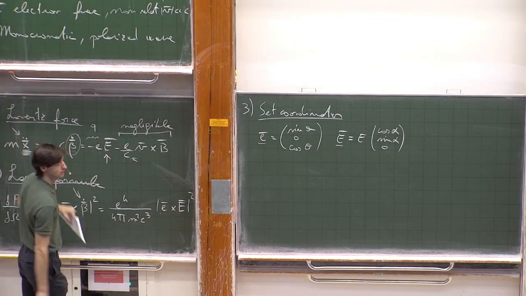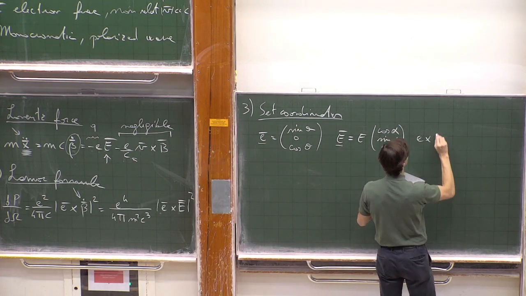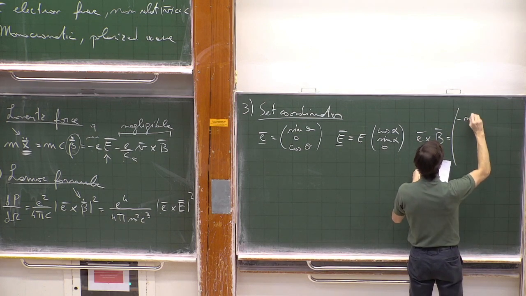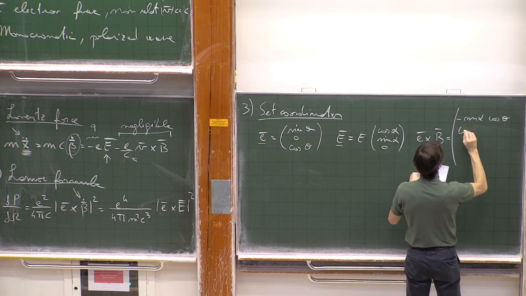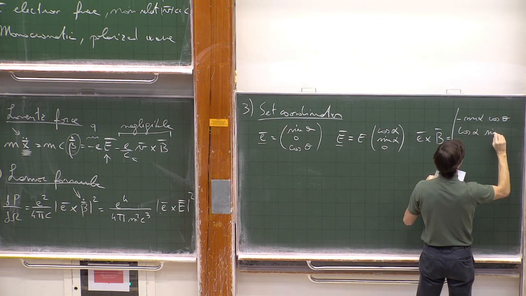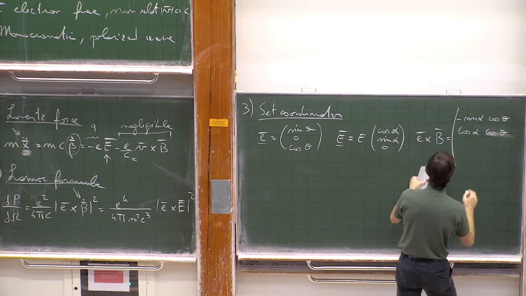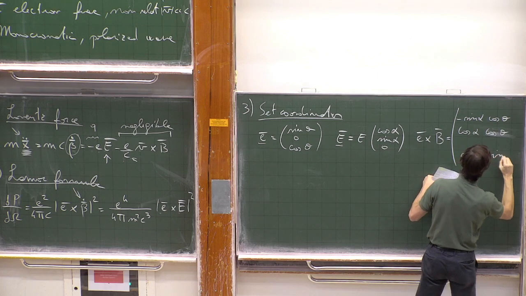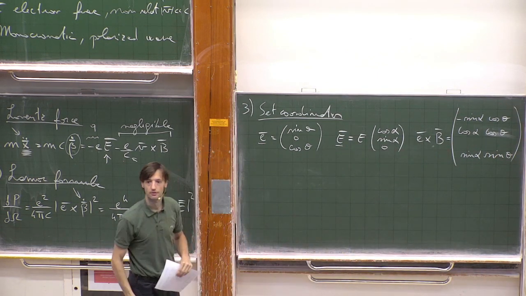we can compute the cross product. Minus sine alpha cosine theta, cosine alpha cosine theta, and then sine alpha and sine theta. Just applying the cross product, we get a vector, right?